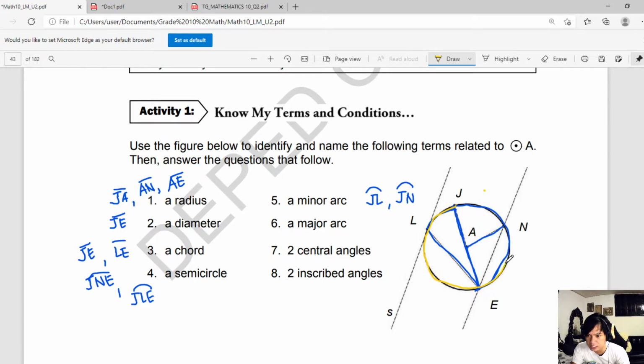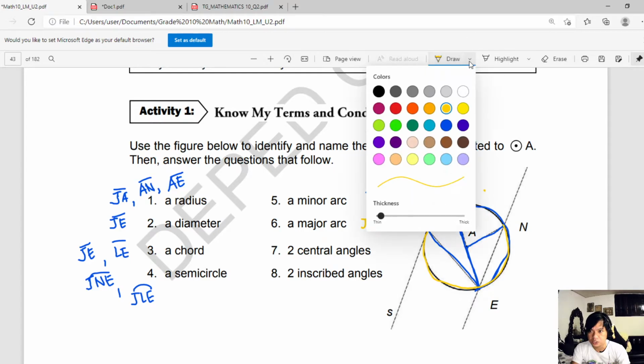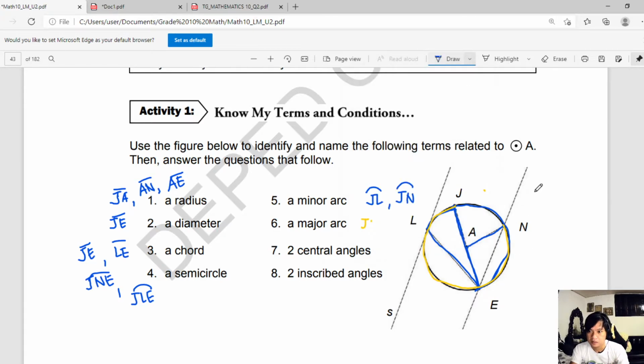So, let's go up to N. So, arc JLN is a major arc. Pwede ring JEN is also a major arc. Basta dinaanan niya, pwede ganon.